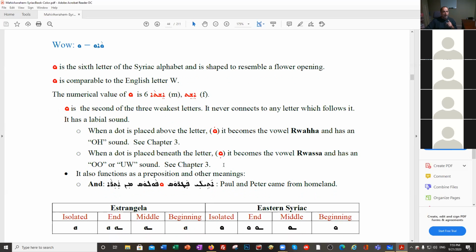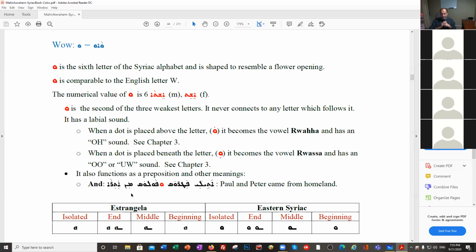Okay? It also, the letter waw, functions as a preposition, means and. Okay, to join two things together. Okay? Thela, or thela, sorry. Thela Patros Upolus min Athra. Thela Patros Upolus min Athra.